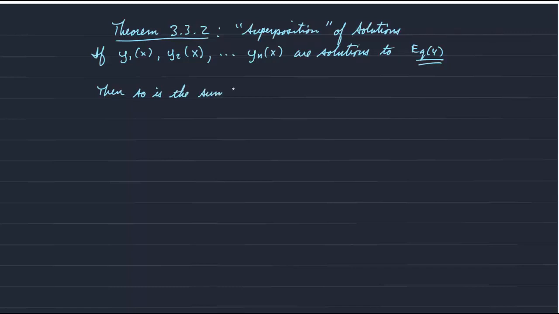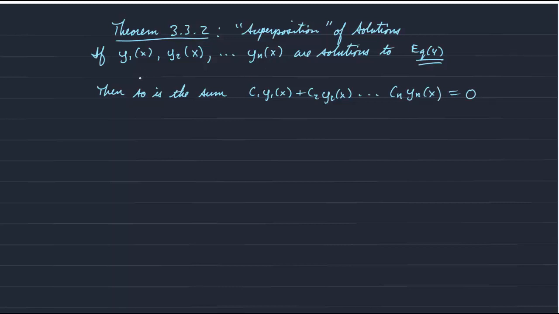the sum C1 y1 of x plus C2 y2 of x all the way up to Cn yn of x. Right?